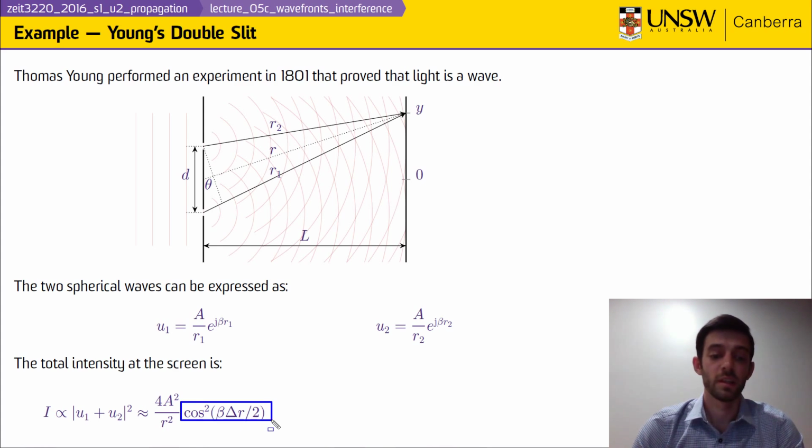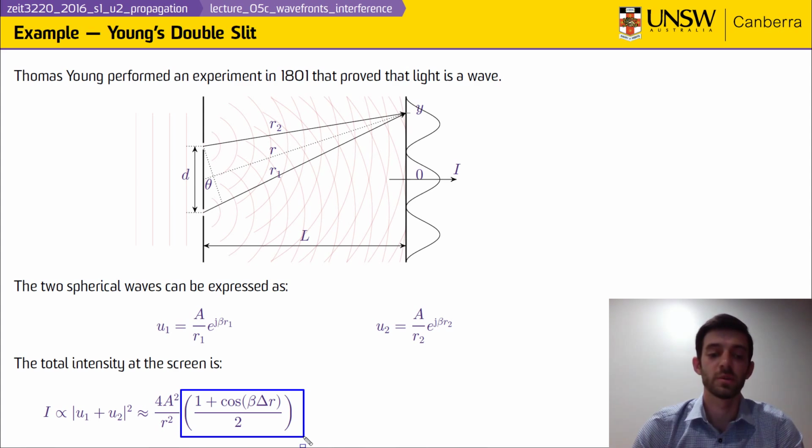And then we can further identify this as a trig identity which talks about half angles and expand it into the full angle, and this will be equal to 1 plus cosine beta delta r divided by 2. What this means is that the intensity will indeed go through minima and maxima. Minima here, here, here, and here, and then we'll have maxima along here.